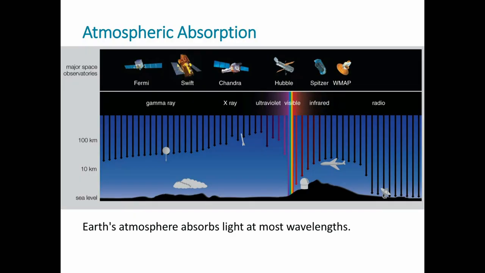But you can also launch visible wavelength telescopes like the Hubble, just so you don't have to deal with atmospheric effects impeding your observations. So when we talk about telescopes in a few weeks, we'll talk about the designs of these different kinds of space telescopes and why you would even want to launch something into space.